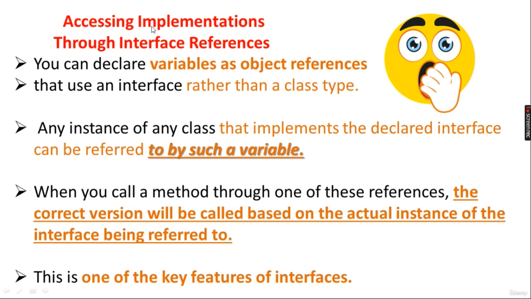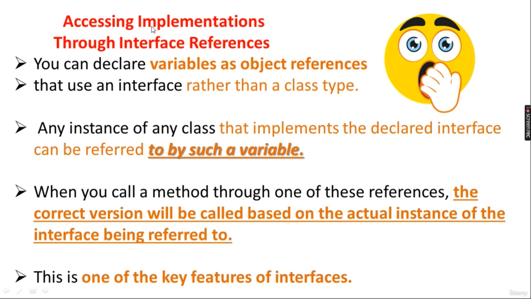So you can declare a variable as an object reference that uses an interface rather than a class type, and any variable of any class that implements a particular interface can be referred to by such a reference variable.